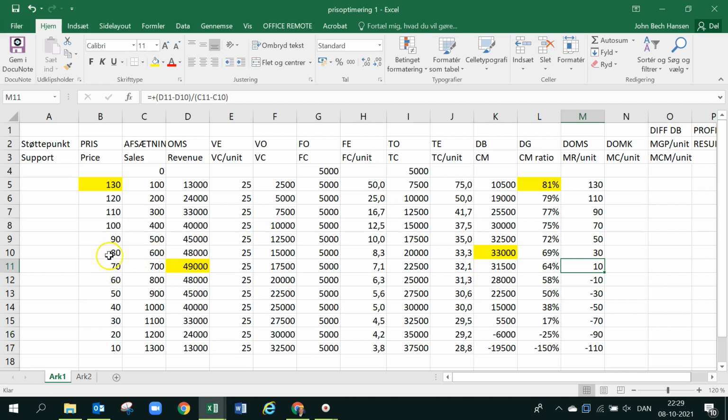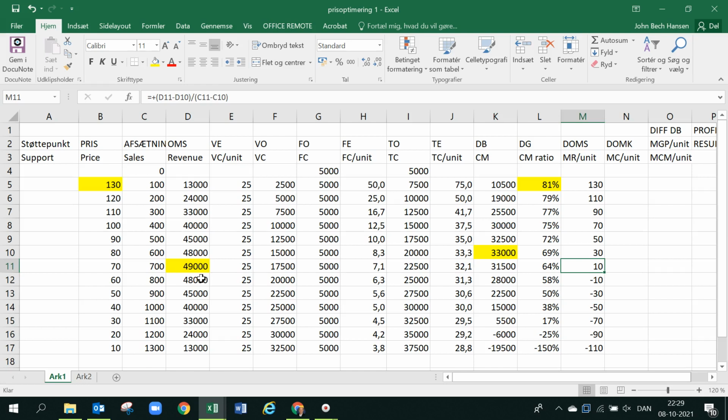Those 600 I also have to sell at 70. So I'm losing 10 kroner on each of those 600. So I'm losing 6,000.